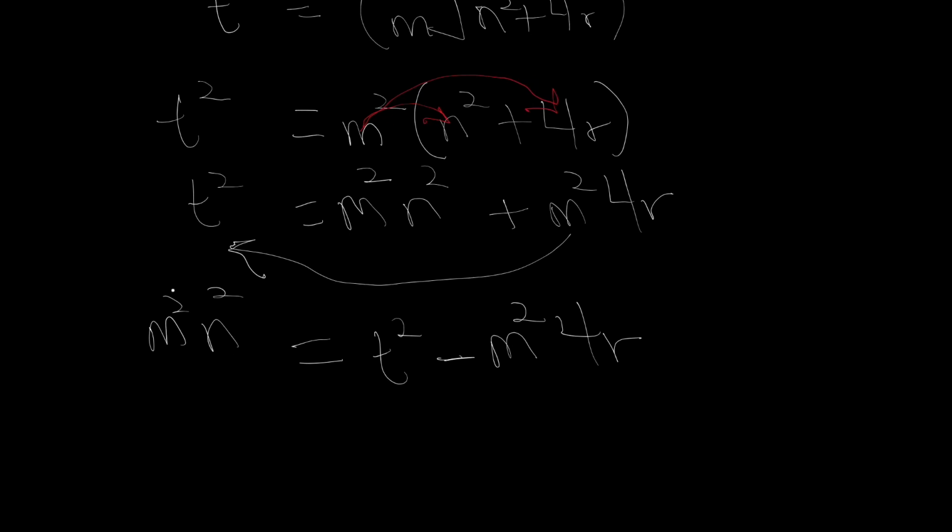Now to make n stand on its own, we have to divide by the coefficient of n, which is m squared in this case.